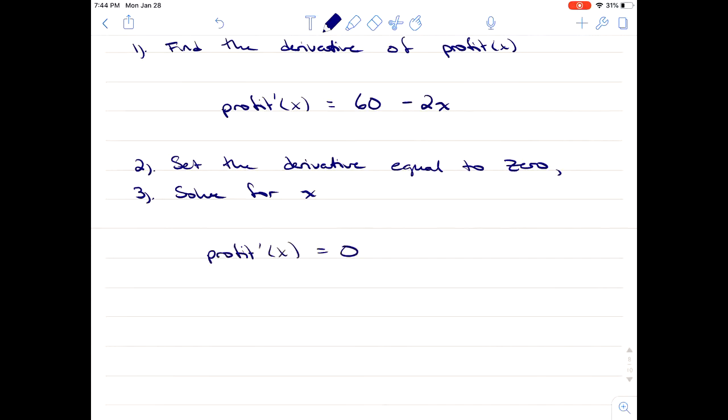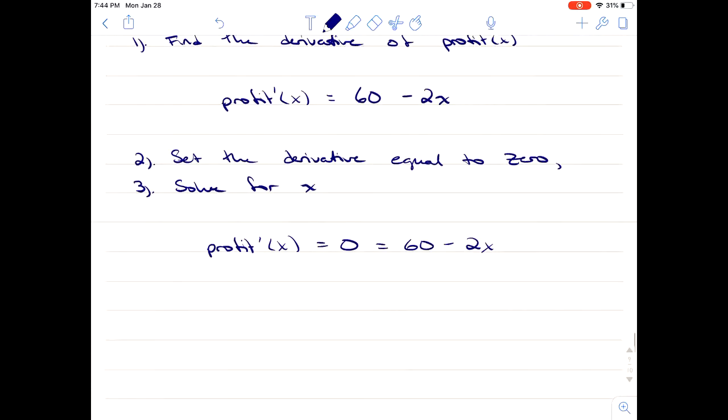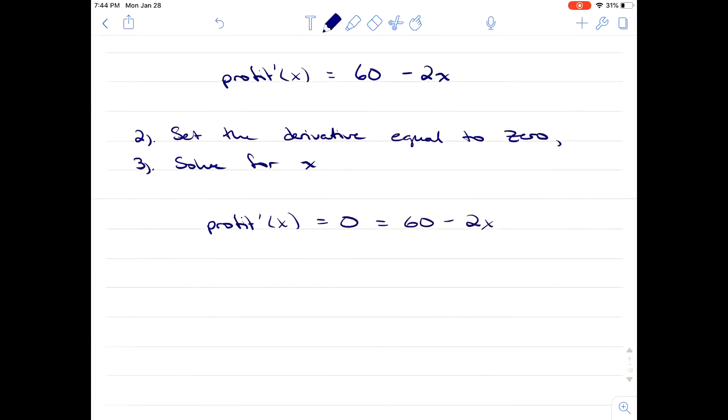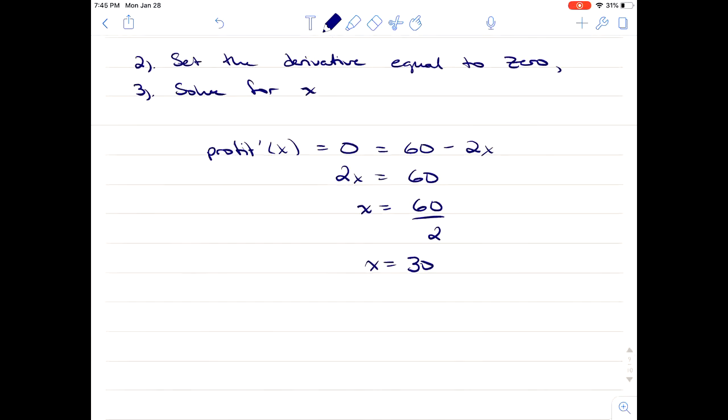I'm forcing it to be 0, but it also is 60 minus 2x. So now I can swap things around, right? Solving for x. So I get 2x is 60. So x must be 60 divided by 2. So x must be 30. Right? So the profit maximizing level of output is 30.